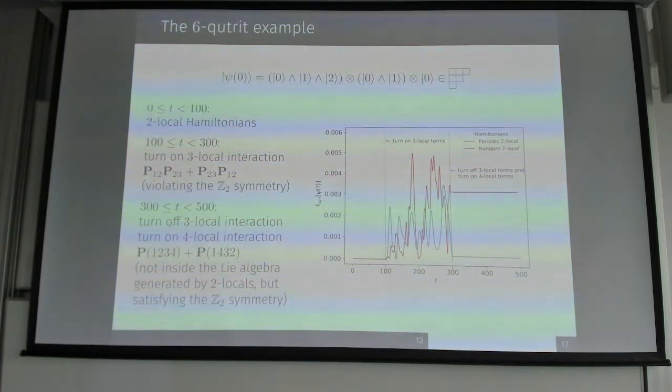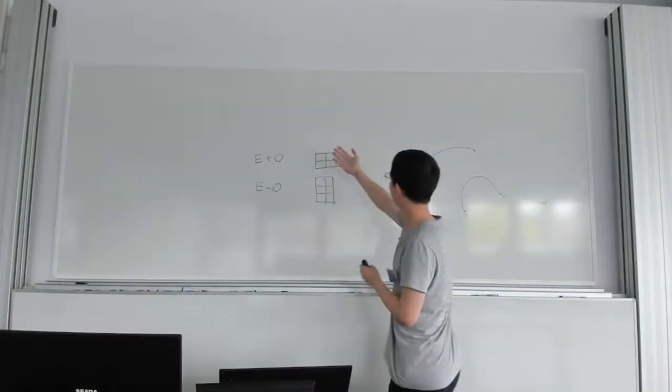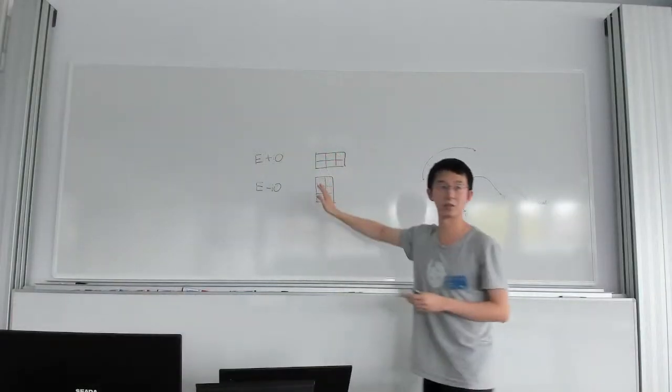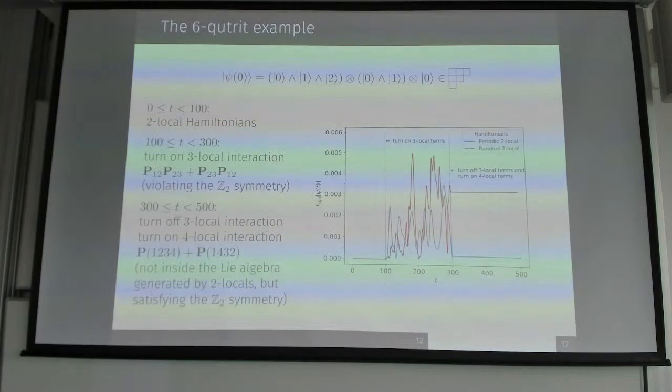We start with a state which is restricted to this sector. Because this diagram is symmetric when you exchange column with row, the representation there is self-dual. So it preserves some bilinear form, and therefore it has some non-trivial constraint on this sector.